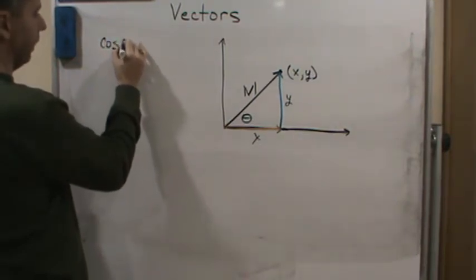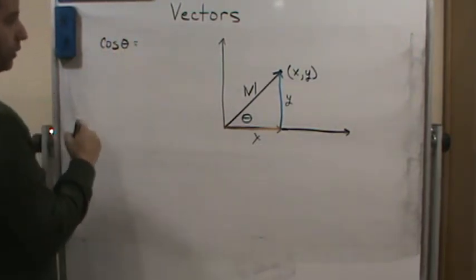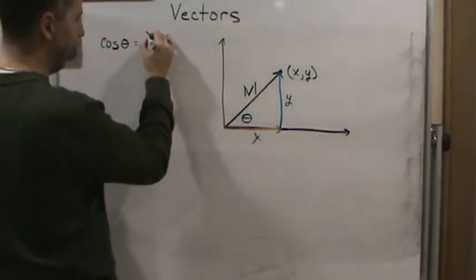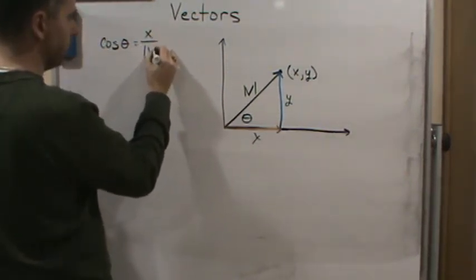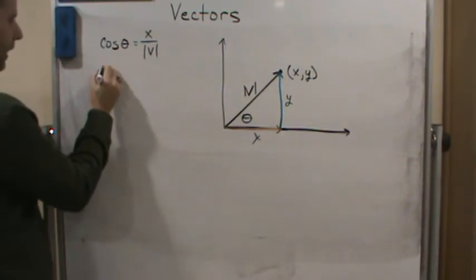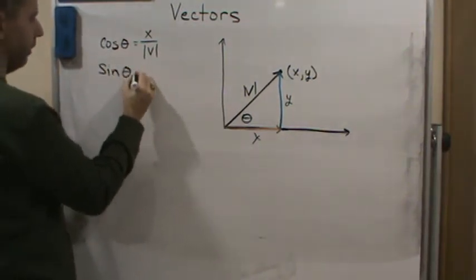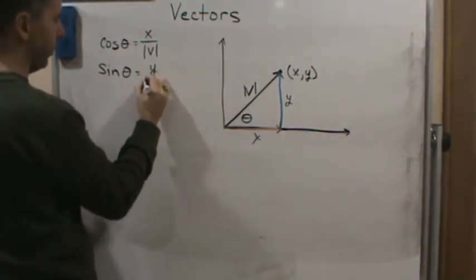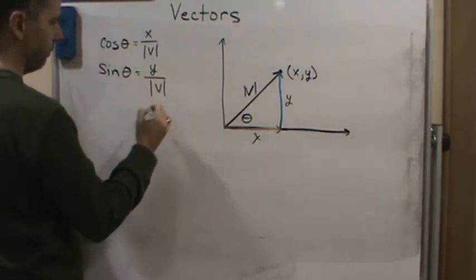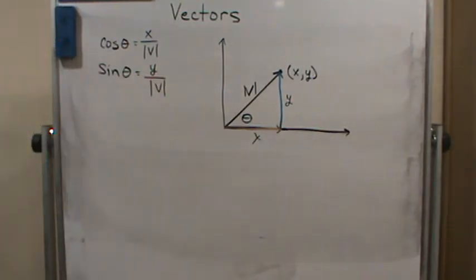Cosine of theta is going to be x over the magnitude of v. And then sine of theta is going to be y over the magnitude of the vector v. Now, what does this mean?